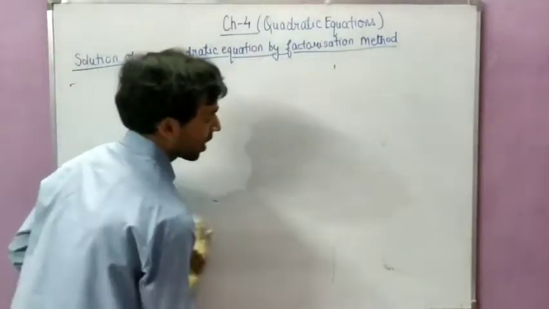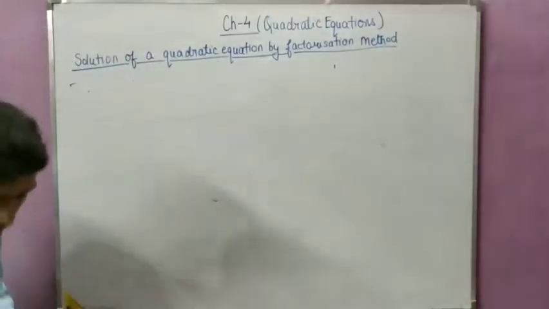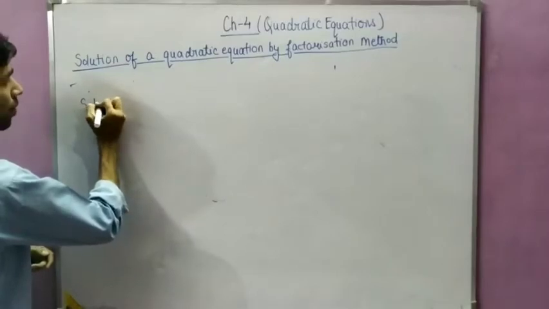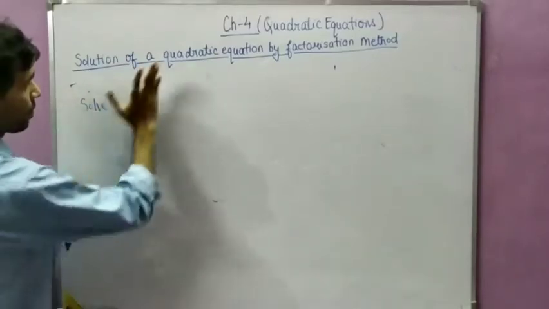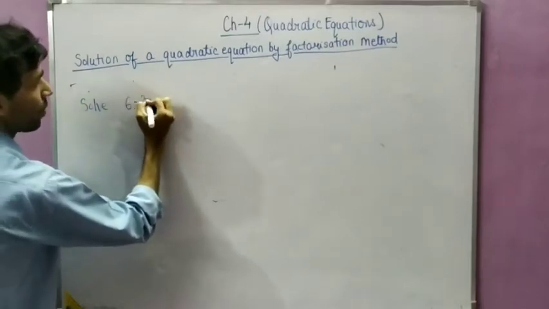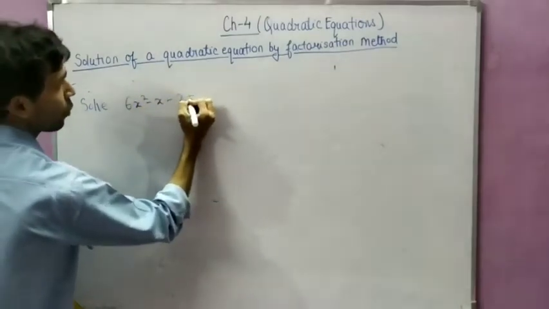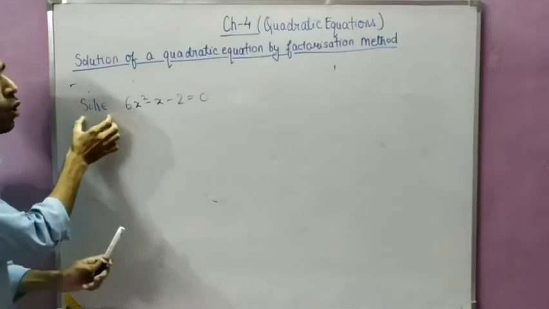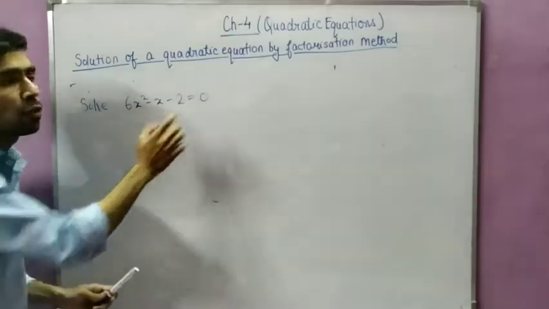Solve 6x square minus x minus 2 equal to 0. Only that much is written. Suppose this type of question comes: solve 6x square minus x minus 2 equal to 0.